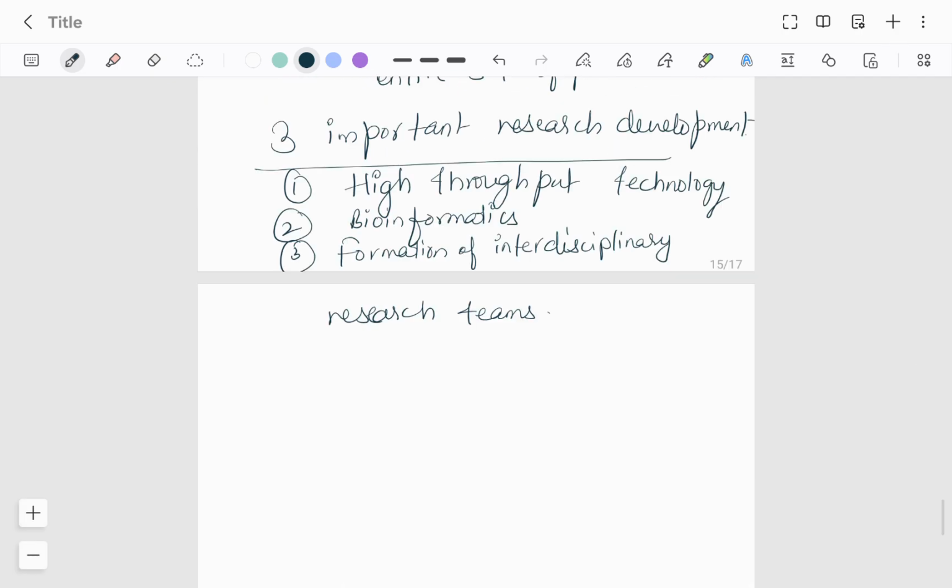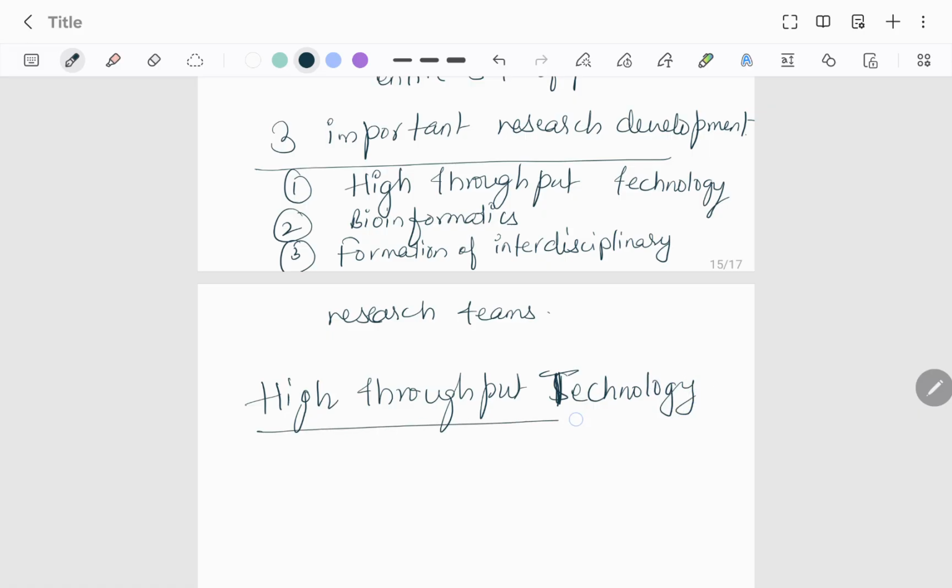Now let's study the first thing, high throughput screening technology. Okay. Here, what we will study? This is the technology that made genomics, proteomics, epigenomics, transcriptomics, drug discovery, these things very easy.